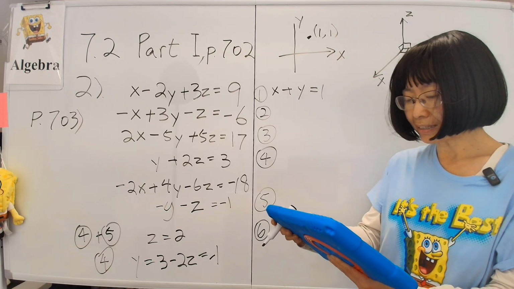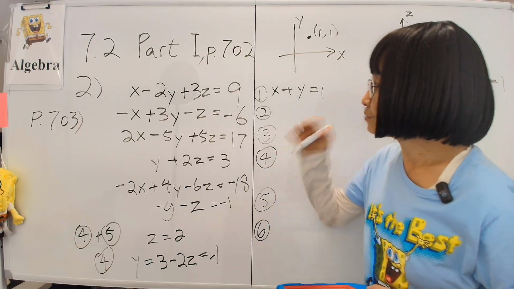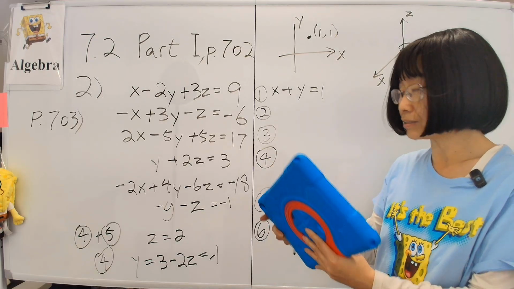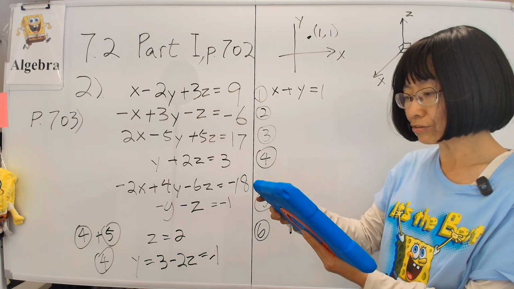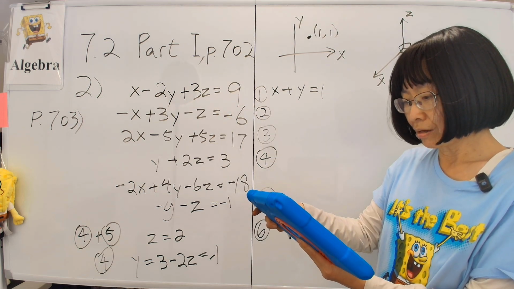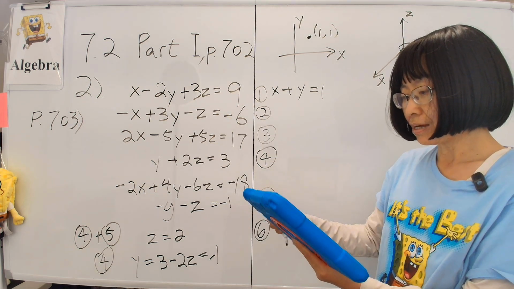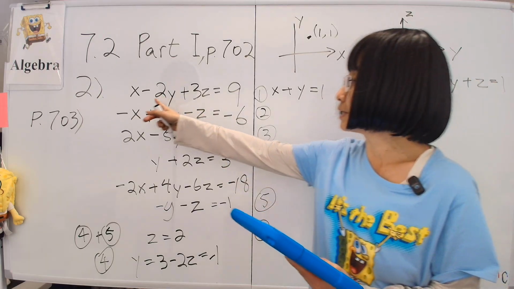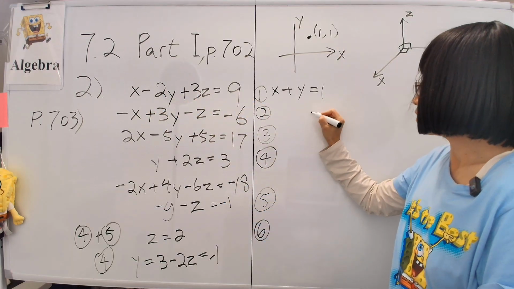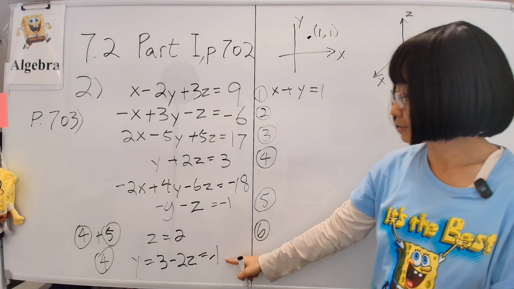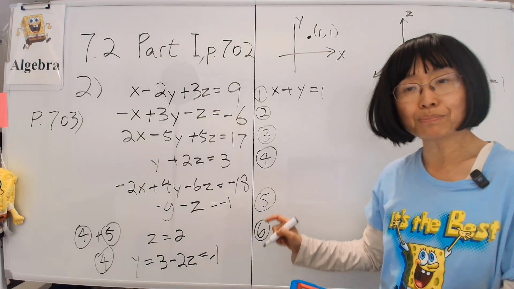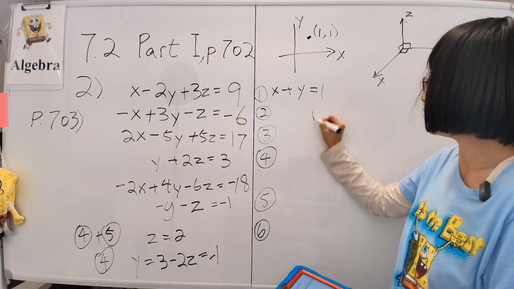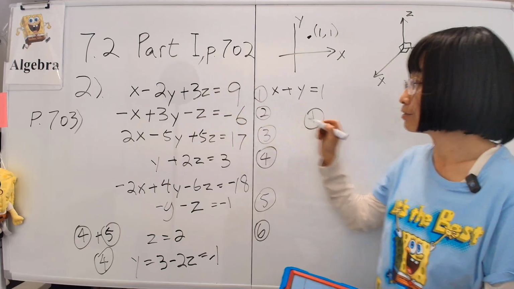And then the only thing we have left now is to figure out what x is. So we'll plug it into equation 1 or 2 that has x in it. Let's see, what does the book want? The book wants to plug it into equation 1, which is fine. So to plug in z is 2 and y is minus 1 into equation 1, we have, see, there's equation 1.